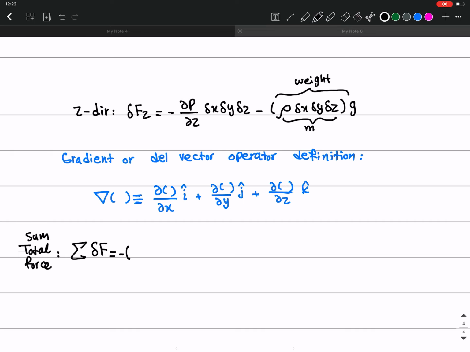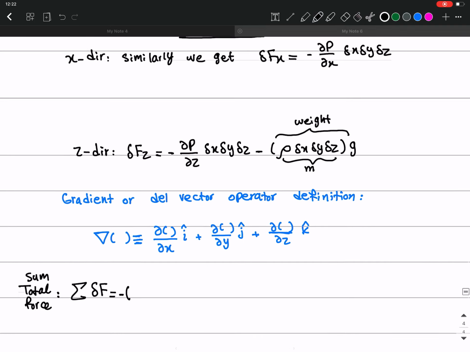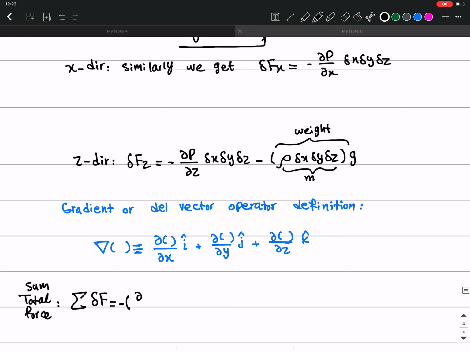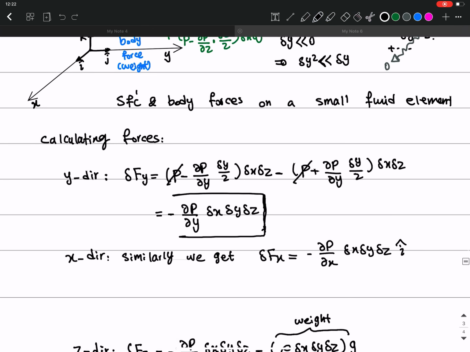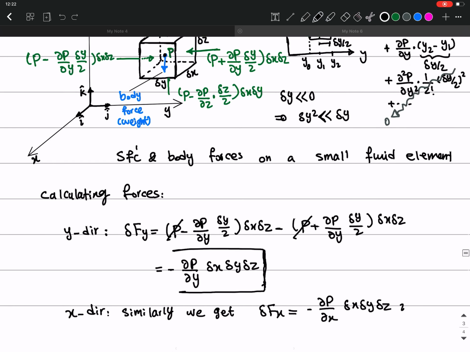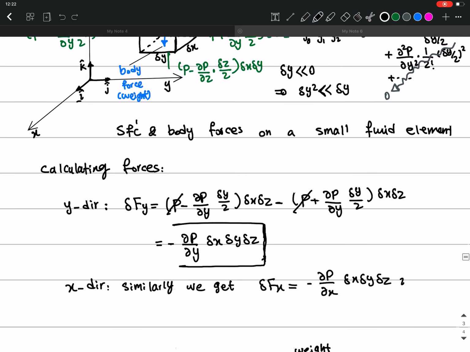So I'm just going to factor minus. So I have minus partial p partial x. And then this is going to be in the i direction, right? Because this is in the x direction, so I need to add this i unit vector.